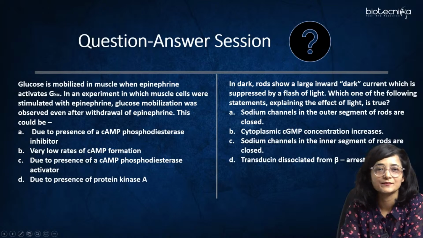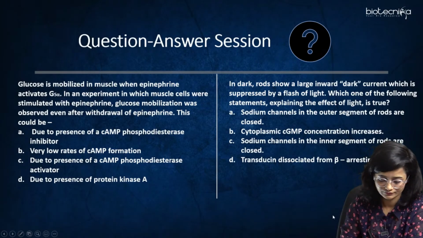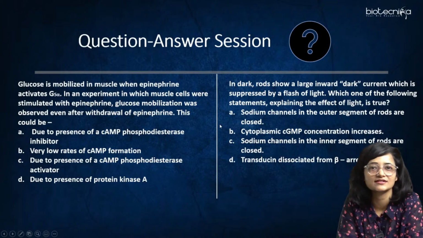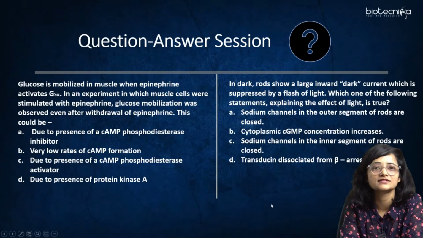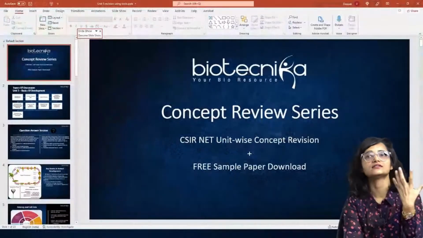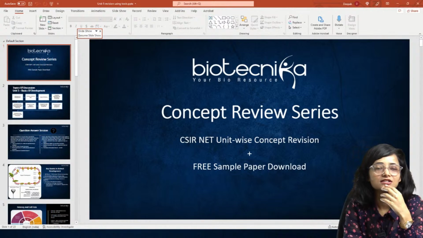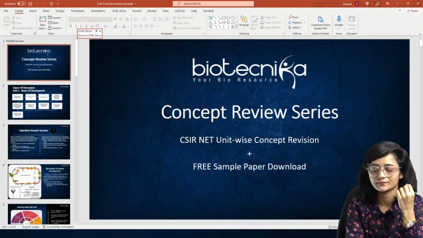The PDE, the phosphodiesterase, was responsible for converting the cyclic AMP into the normal form of AMP, the 5' AMP.